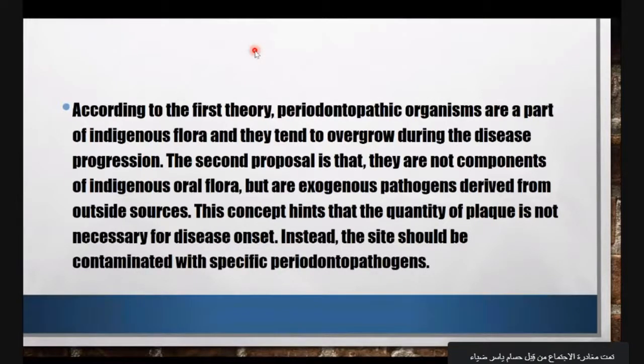The second proposal is that they are not components of the indigenous oral flora, but are exogenous pathogens derived from an outside source. This concept hints that the quality of the plaque is not necessary for disease onset. The site should be contaminated with specific periodontopathogens. زين.